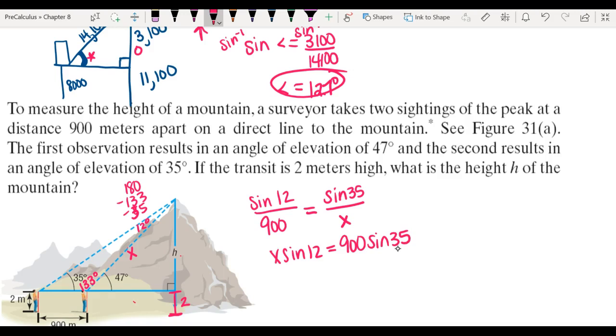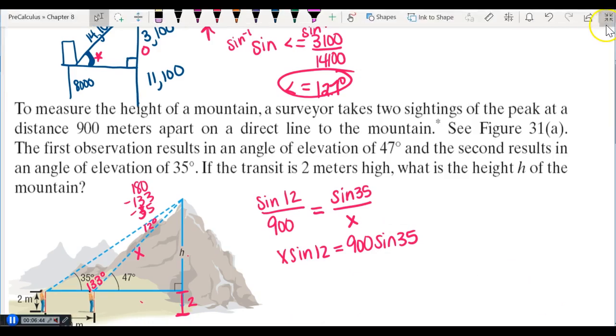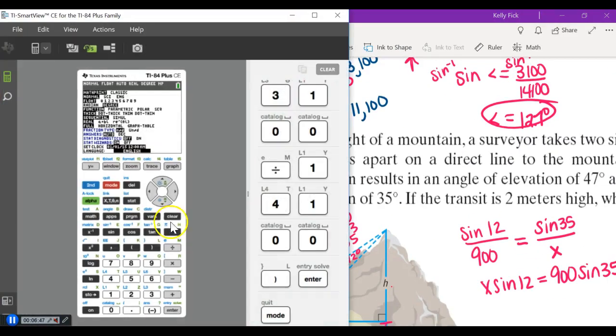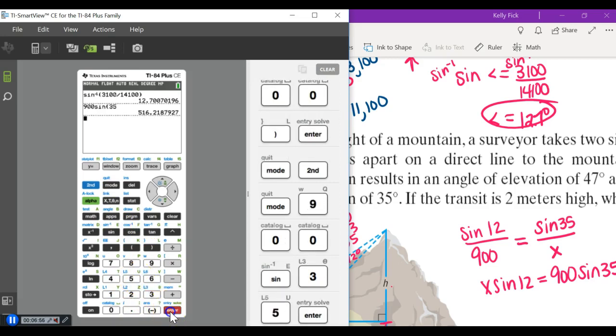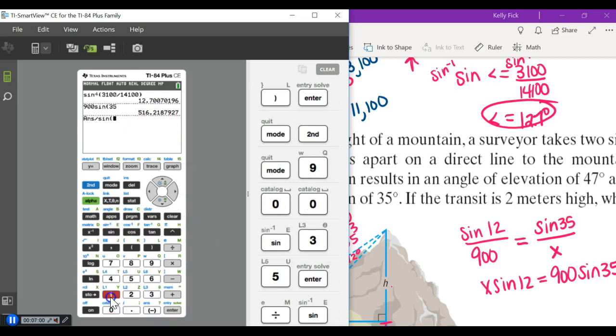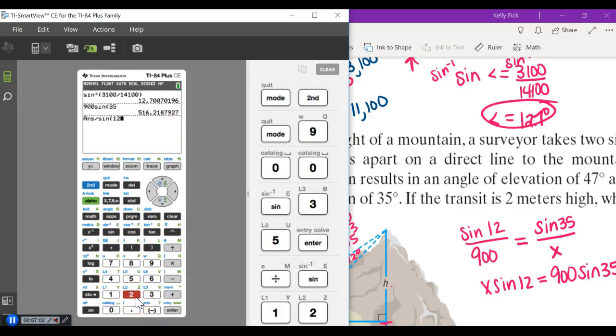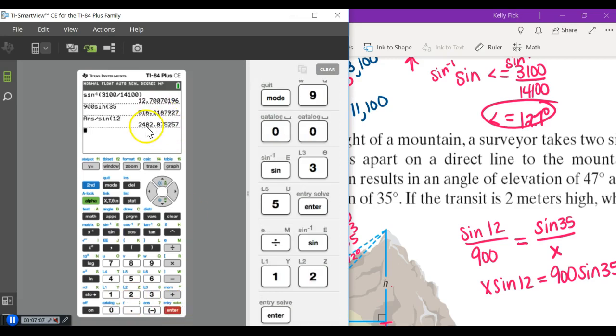So I would do 900 sine of 35 on my calculator, which gets me this number, and then you're dividing by whatever sine of 12 is. Notice how I'm using as many buttons as possible. I'm not plugging in sine of 12 and dividing by that number. I'm just doing answer divided by sine of 12.